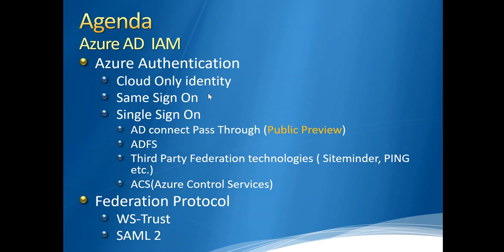The cloud-only identities, wherein you have only identities in the cloud and you don't have any connectivity back to on-prem. You have same sign-on, where you're syncing your password to the cloud. You have single sign-on, wherein you are going back to on-prem for authentication.